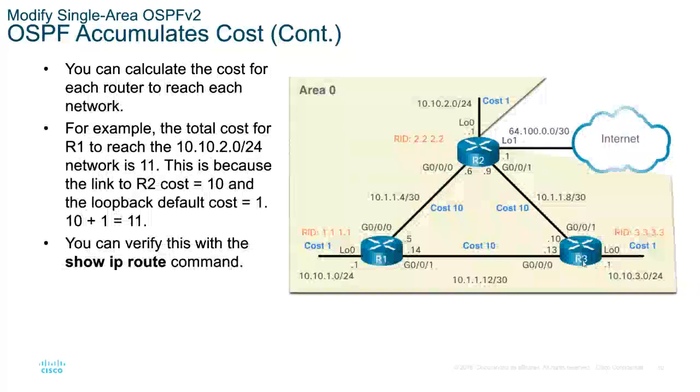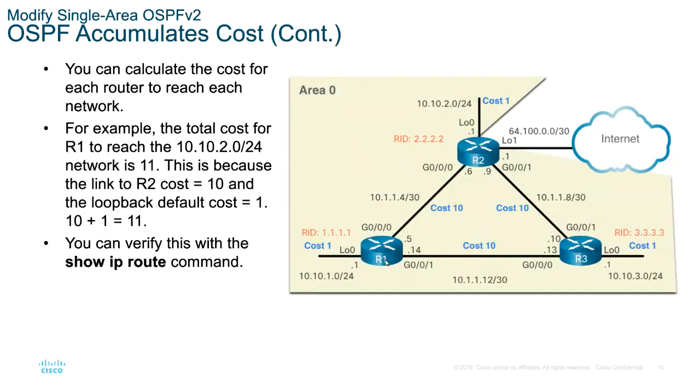Now, it'll also get an advertisement via router 3 saying it too can get to this same network, but it'll do the same calculation as it arrives on G001, and then when router 3 sends that same information saying this network's available via me, it adds another 10.